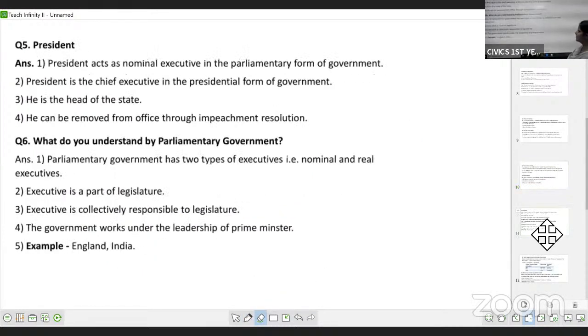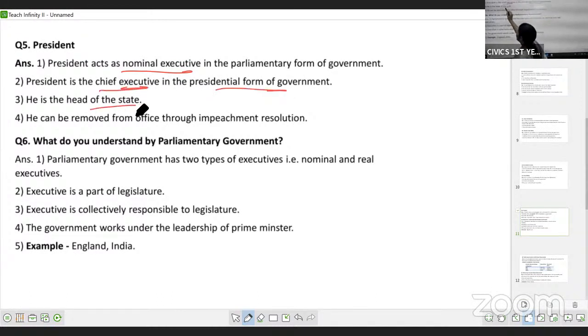Next is president. In parliamentary form of government, the president is the nominal executive, whereas in presidential form of government, he is the chief executive, the head of the state.